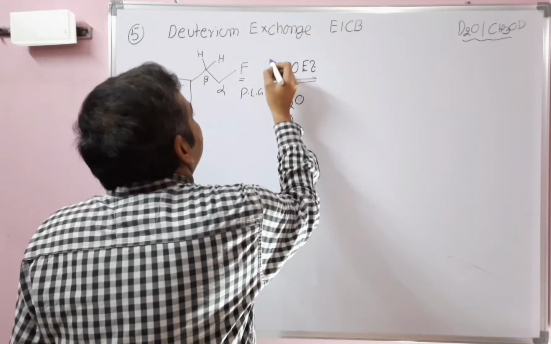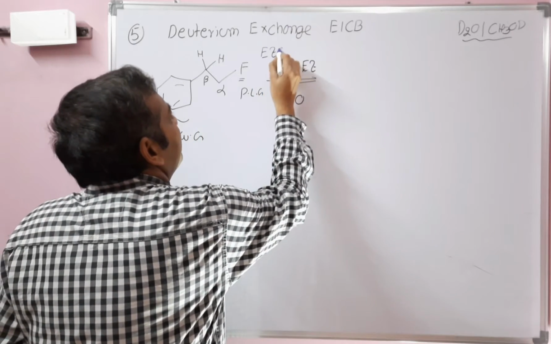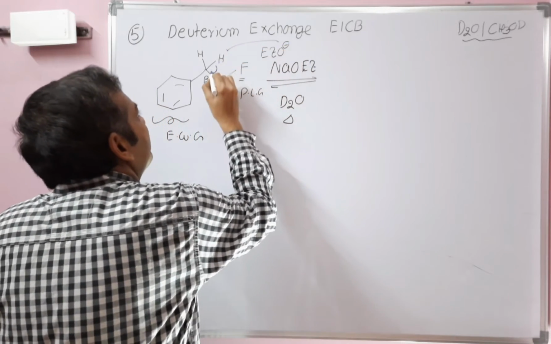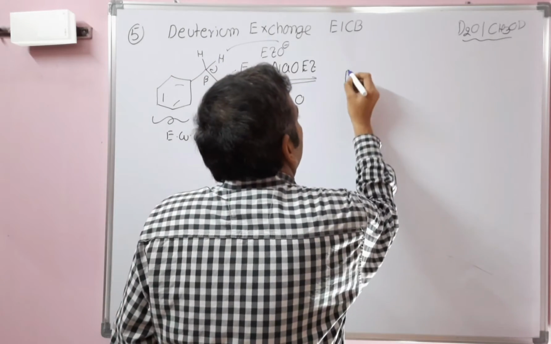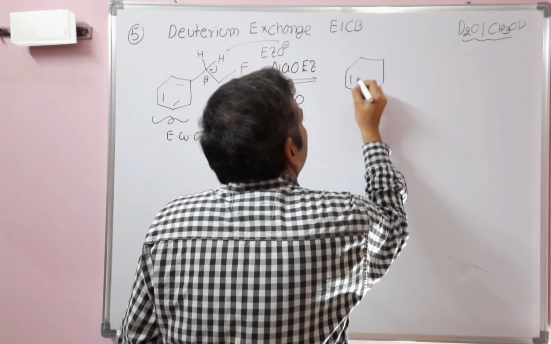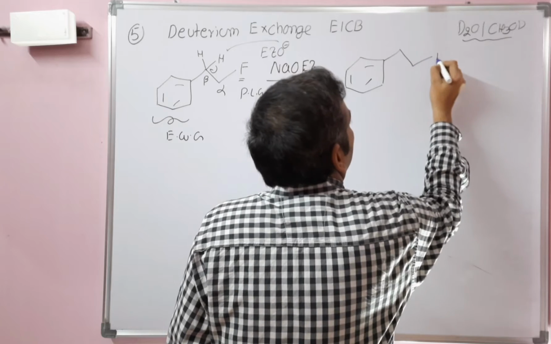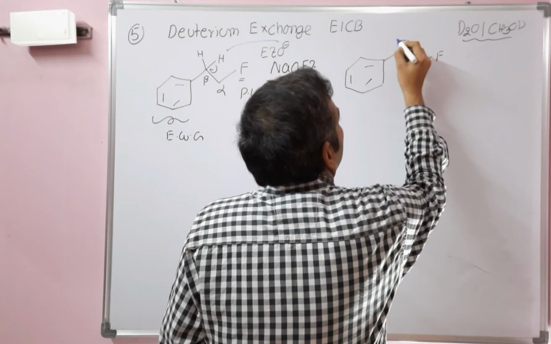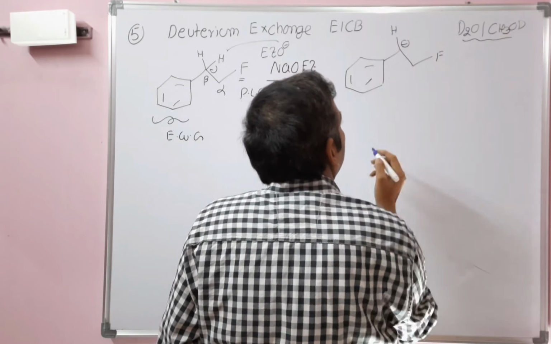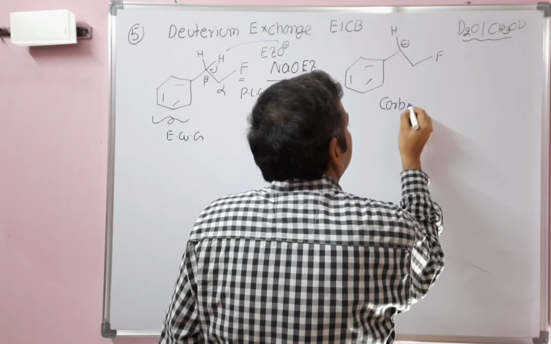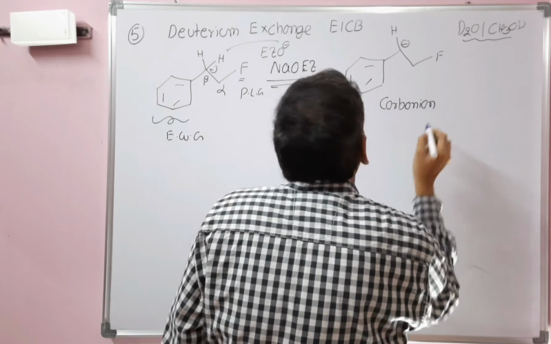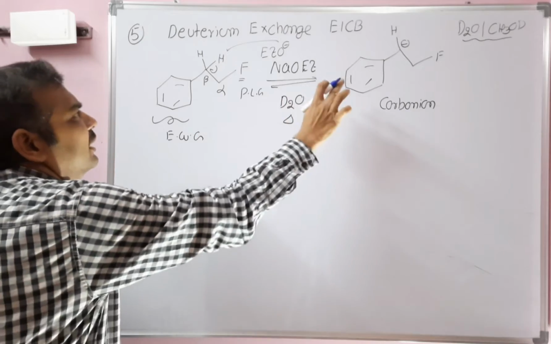In the first step, ethoxide abstracts a proton at the beta carbon. We will get the carbanion intermediate, the fluoro compound carbanion, and one hydrogen is also available. This is a reversible reaction. Why?